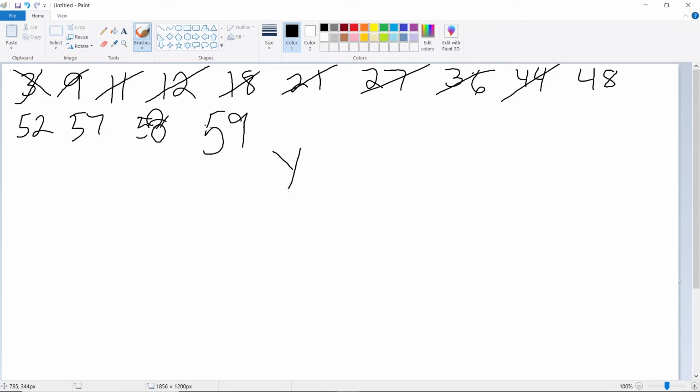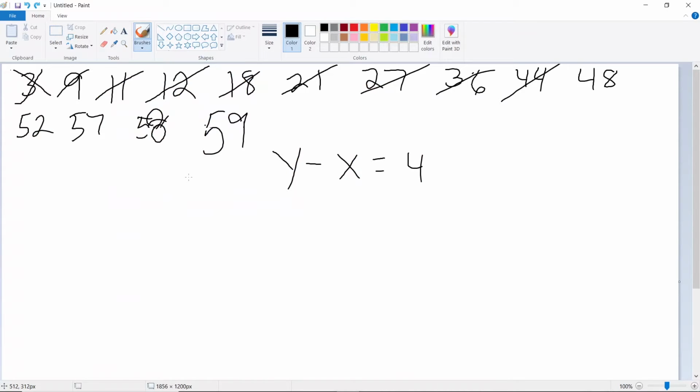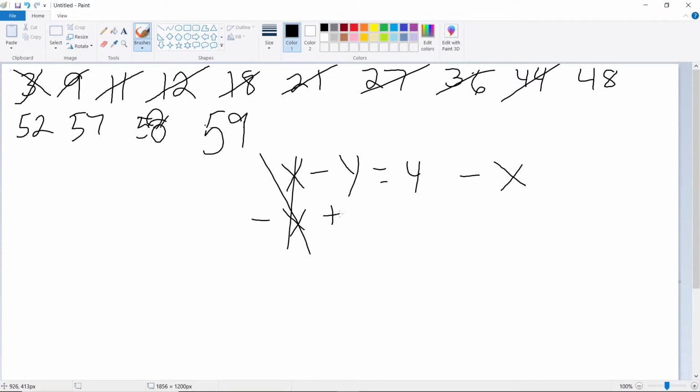They said y minus x equals 4. Oh, wait a minute, I don't think that's what they said. Maybe I got it wrong. X minus y equals 4 is what they told us. So I subtracted x from both sides. Those go away. I added y to both sides.